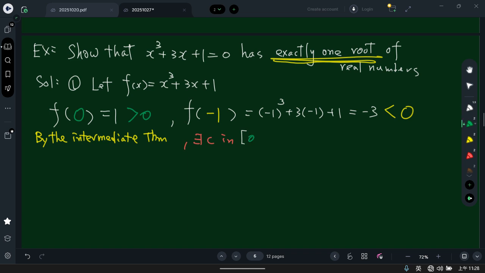So we definitely can find a c in -1 to 0 such that f of c should equal to 0, right?